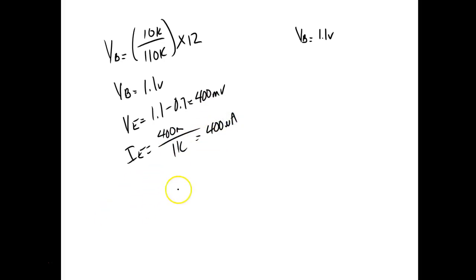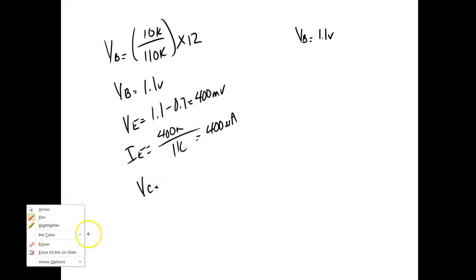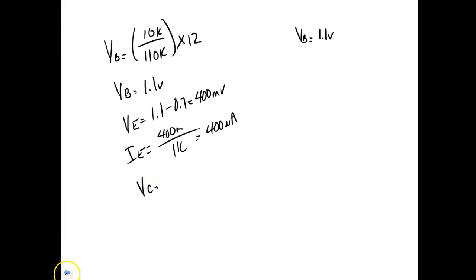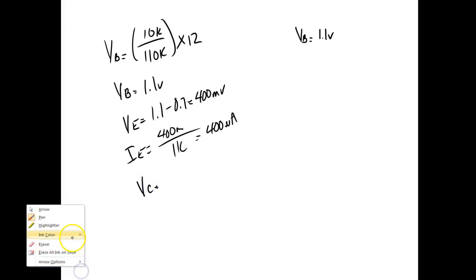And we might need to change this up a little bit. Then VC, well, first of all, we probably need to calculate the voltage drop across the collector resistor.